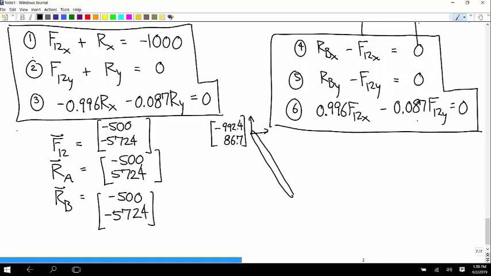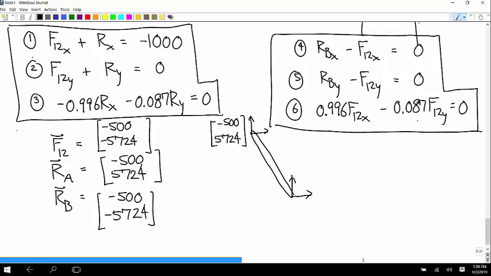So now put this in the free body diagrams. And you get negative 500, positive 5724. And down here, you have two things acting on member one.